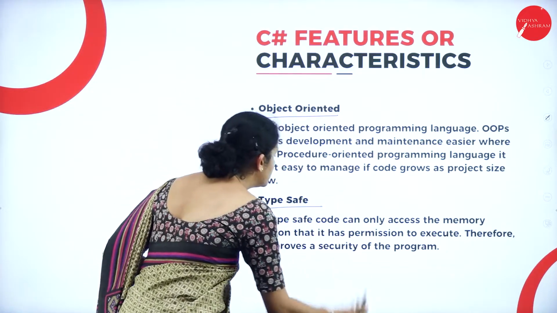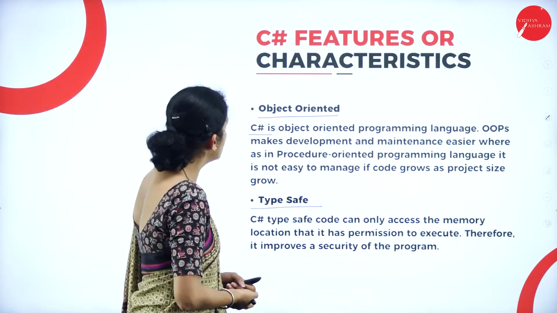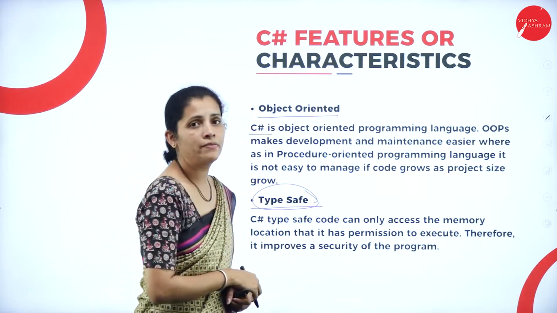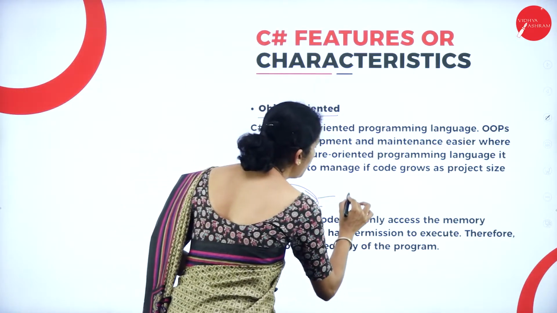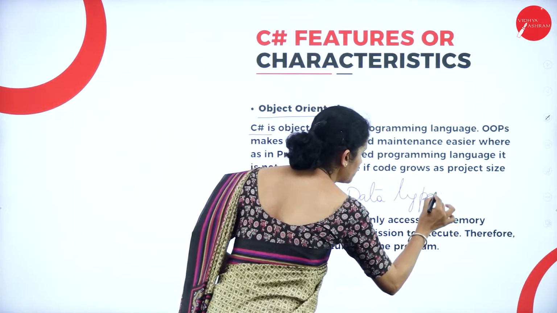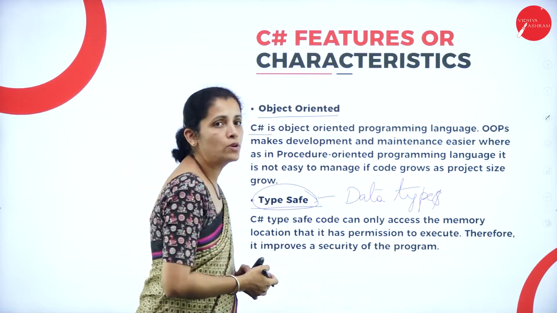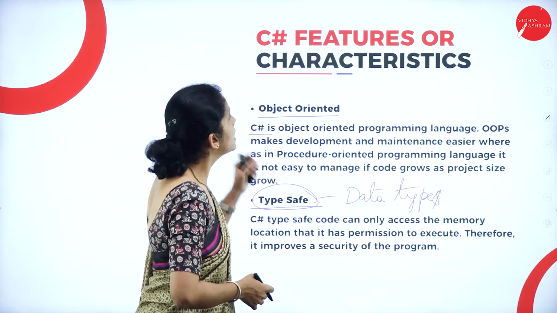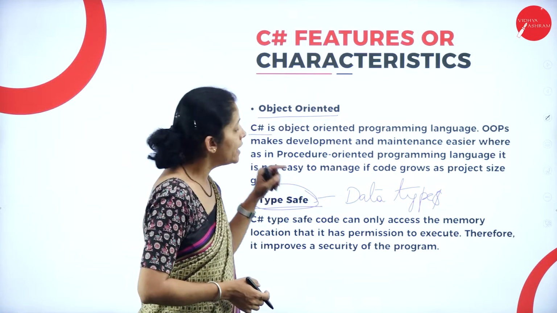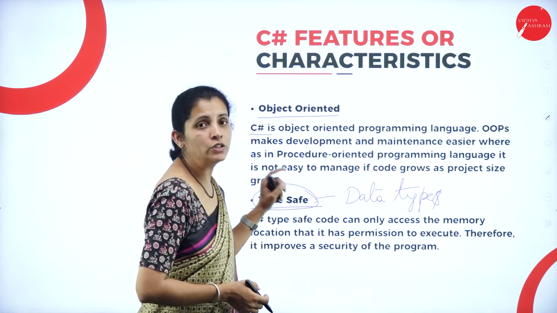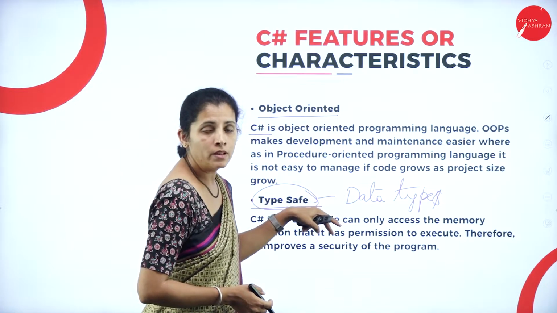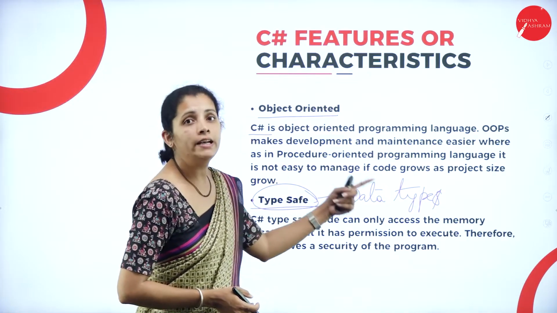And the next feature here is type safe. So what is the meaning of type safe? It is nothing but checking for data types. So a C# program is going to have compile time data types. During the compilation, if the compiler fails to check the data type, then during the runtime, it is possible to check the data type.